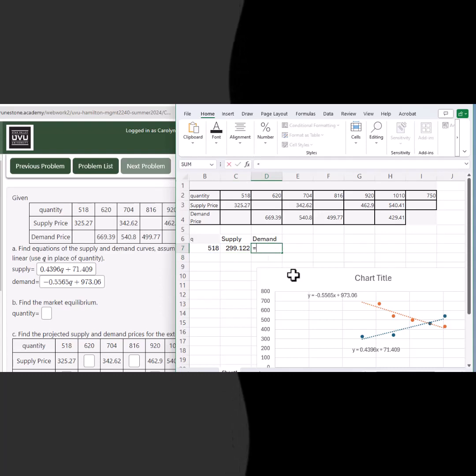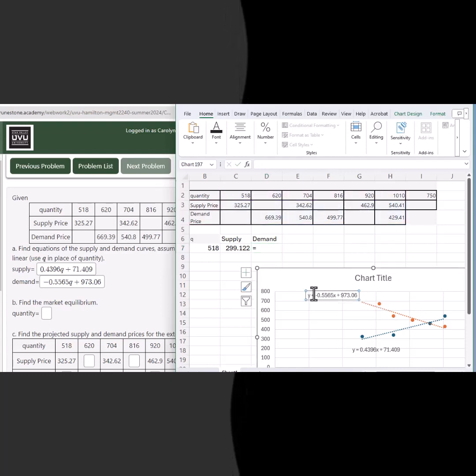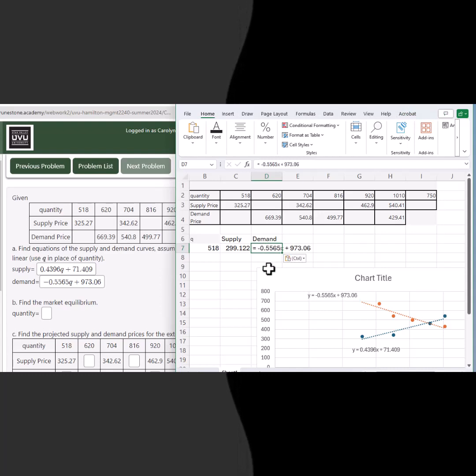For demand, grab the equation, paste it in, update it, times sign and units. There we go.